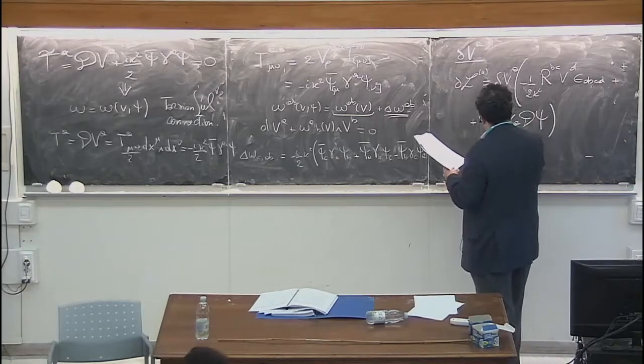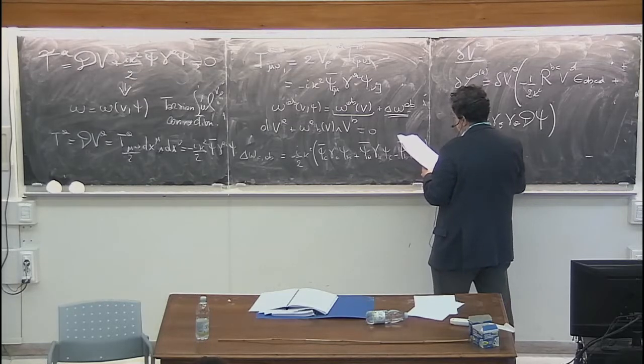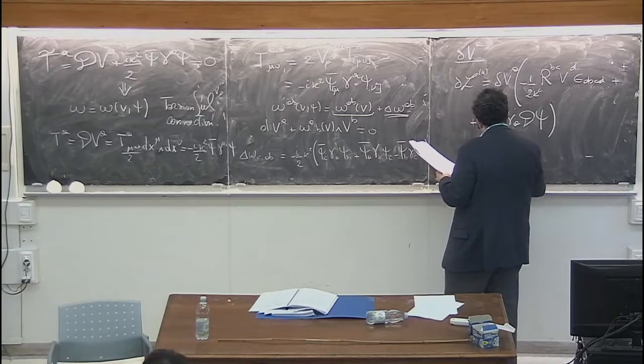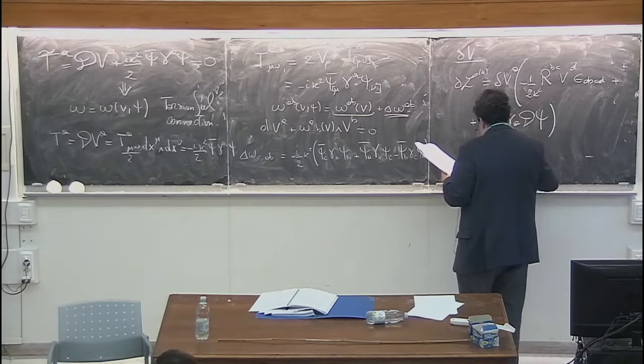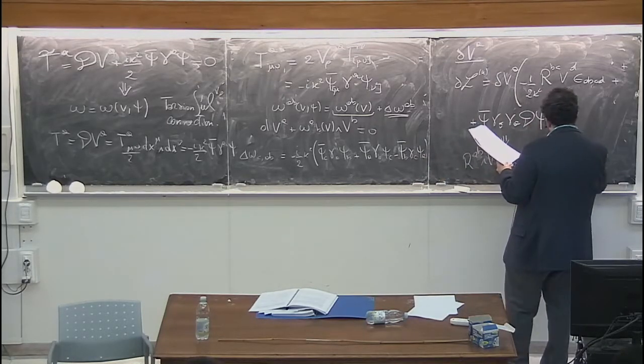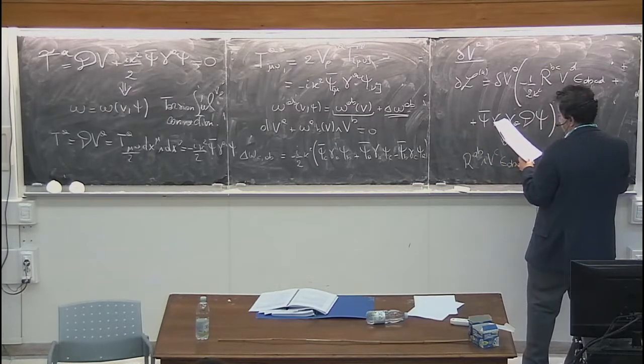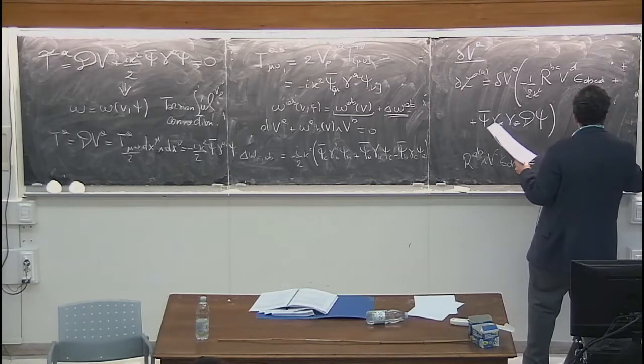That gives us R AB wedge VC epsilon ABCD equals minus 2 kappa squared psi bar gamma 5 gamma A D psi.